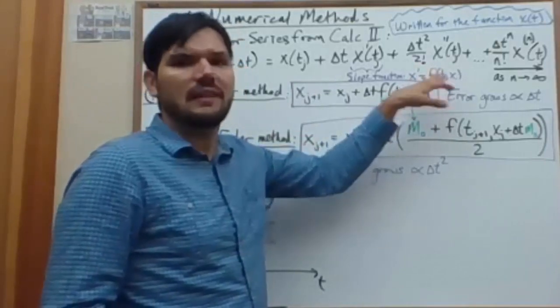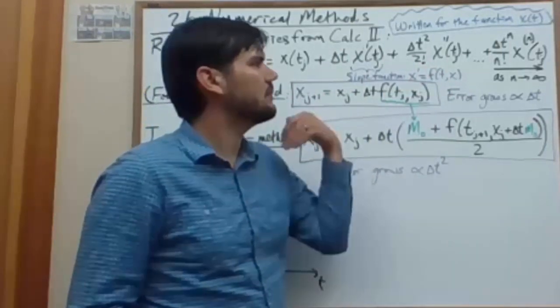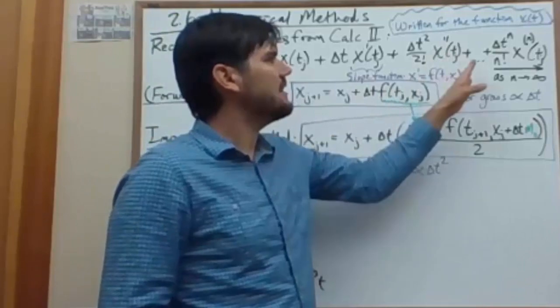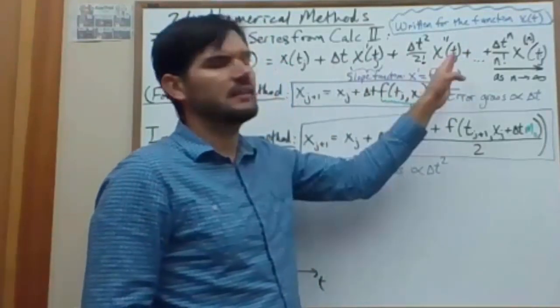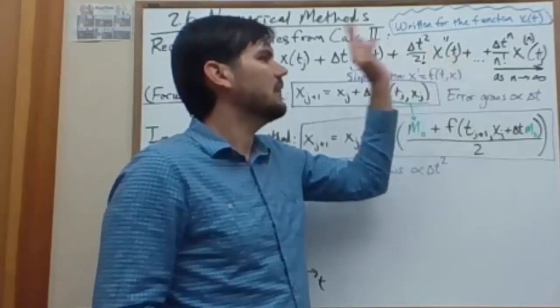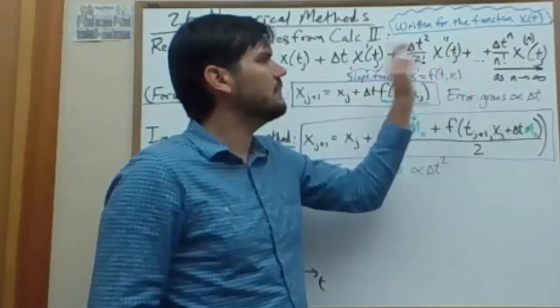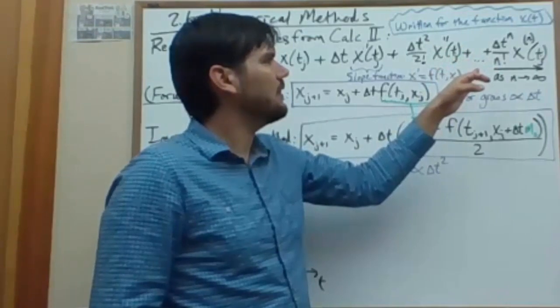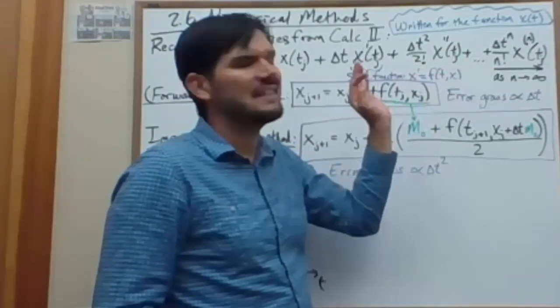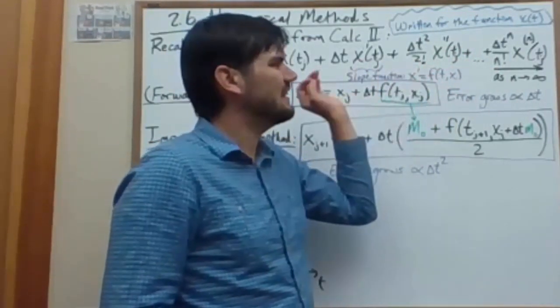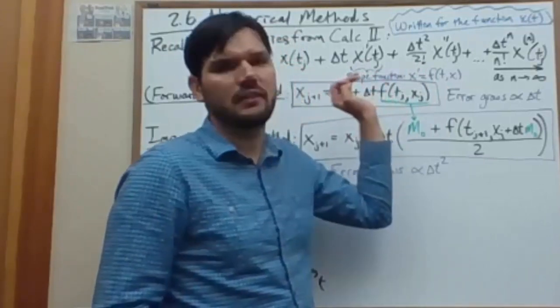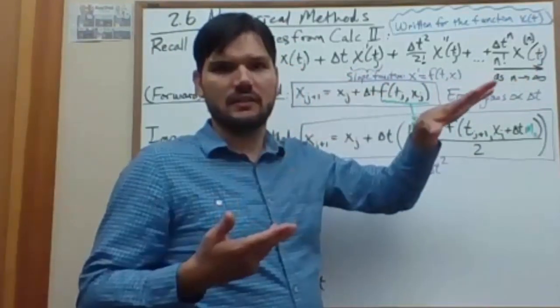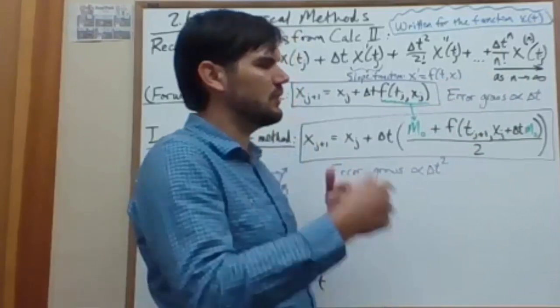Times the second derivative at the point we know. And then higher and higher terms. You have delta t cubed over 3 factorial times the third derivative, on up to delta t to the nth power divided by n factorial times the nth derivative of x, as n goes to infinity. So that's the full power series for this shift.